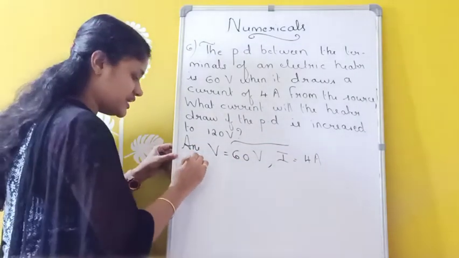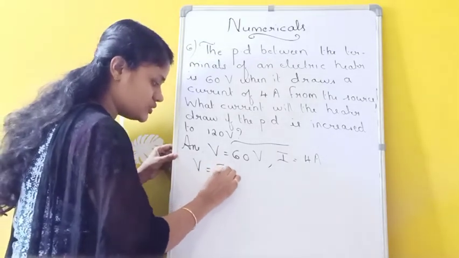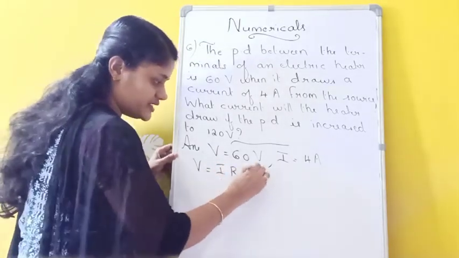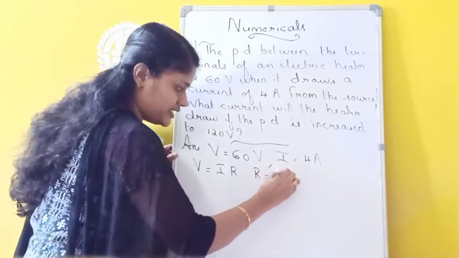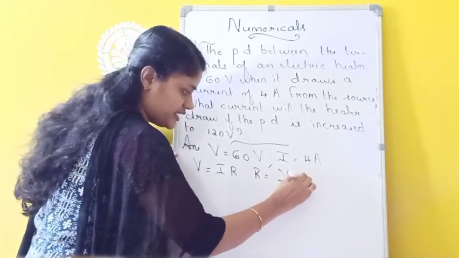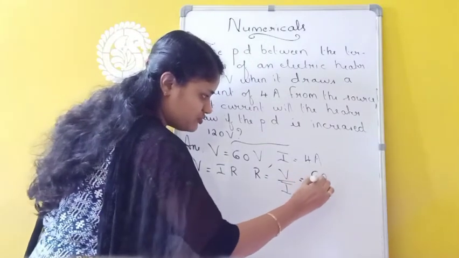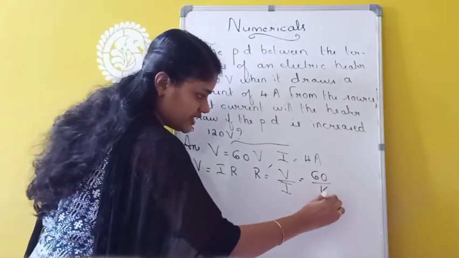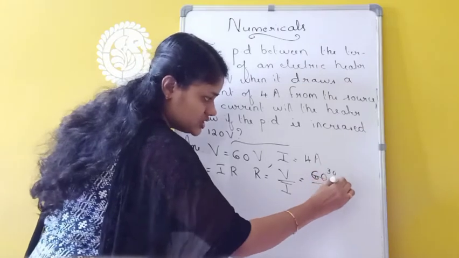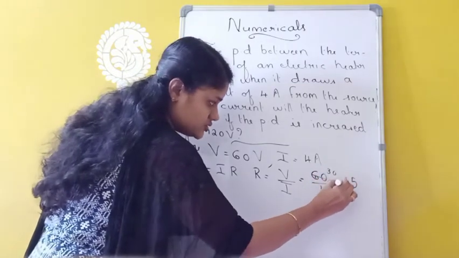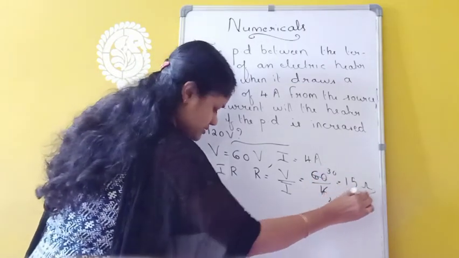Ohm's law. So we have Ohm's law, V equals I into R. So from this, how will you find R? R equals V by I. V by I, that is 60 divided by 4. So cancelling, you'll be getting 15. So 15 ohm is the resistance.